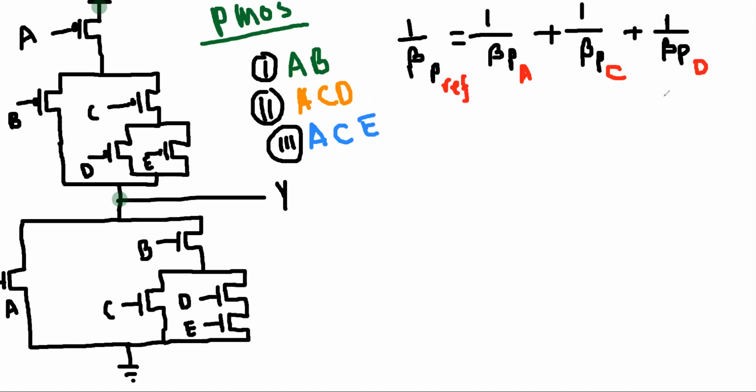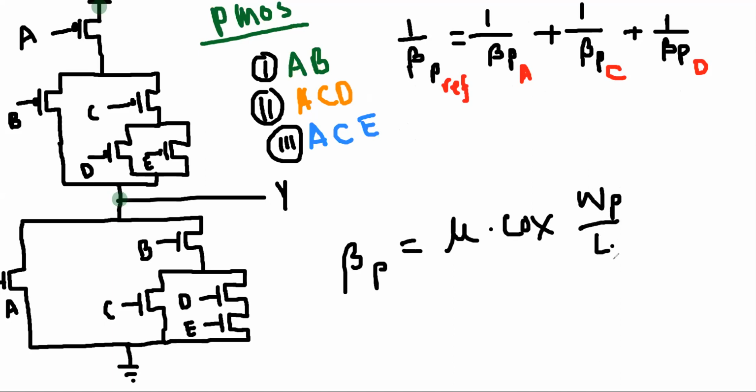This formula is exactly like your resistors in parallel, right? Remember resistors in parallel? 1 divided by R is equal to 1 divided by R1 plus 1 divided by R2 plus 1 divided by R3. Now here I'm going to write them. By the way, what is beta P? Beta P will be mu COX WP by LP, right?